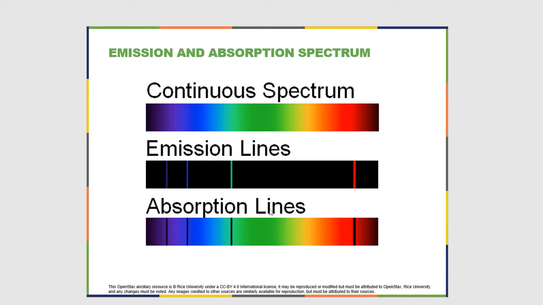The absorption is we shoot light at hydrogen, and now the electrons are going up in energy, and therefore the white light, which is all the colors, is absorbing specific wavelengths that are caused by absorptions. So for emissions, light is emitted, we're missing most of the colors, and we have a few specific colors. For absorption, we have most of the colors, and we're missing a few specific ones where the photon interacts with the electron, and it goes to a higher energy level.